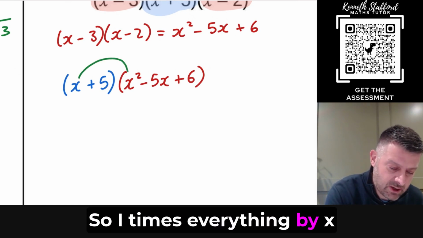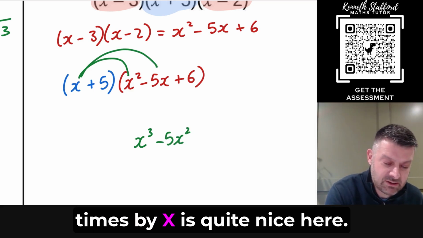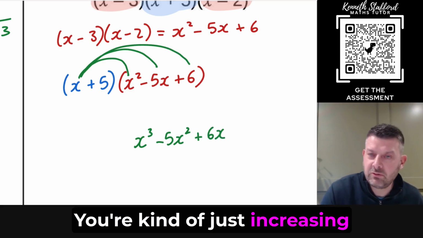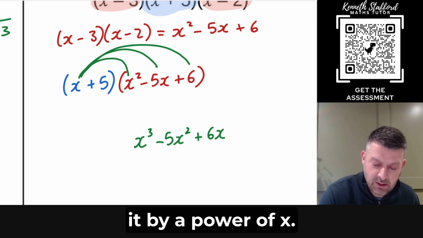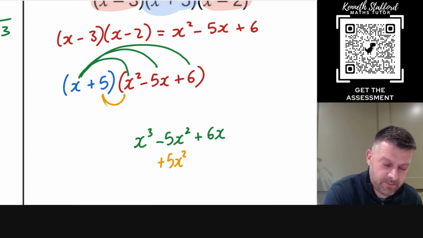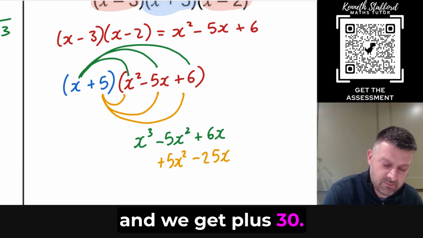So I times everything by x. Timesing by x is quite nice here. Nothing's really changing. You're kind of just increasing it by a power of x. And then I'm going to times everything by 5. And again, not too bad. And we get minus 25x, and we get plus 30.